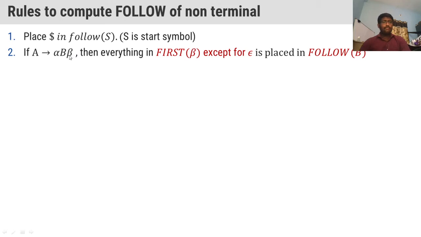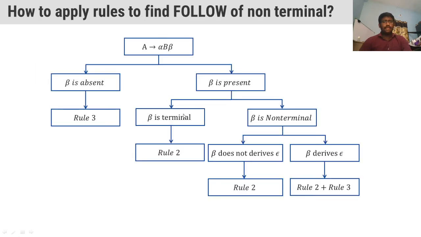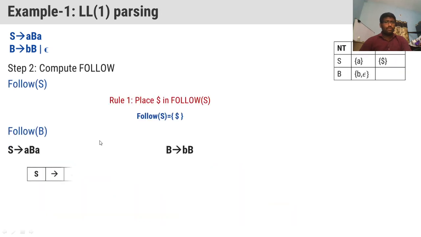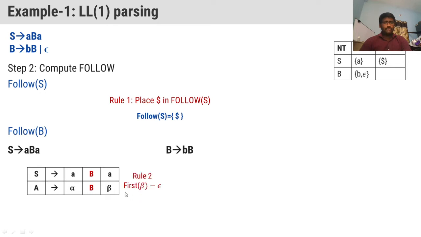If it is a non-terminal, we take the first set of that non-terminal. Since beta is a terminal here, we take the same terminal a as it is, and we simply add that a to the follow of capital B.